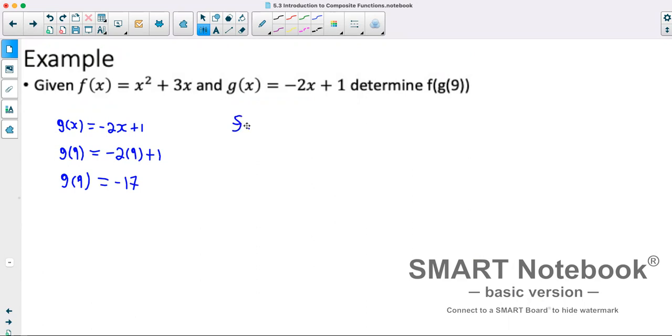We know our outer function is f of x is equal to x squared plus 3x. We'll now substitute that negative 17 in for our x's. So f of negative 17 is equal to negative 17 squared plus 3 times negative 17.